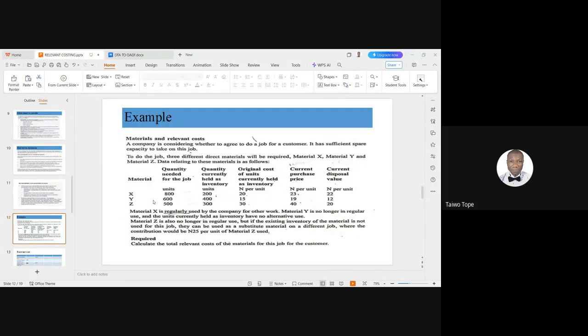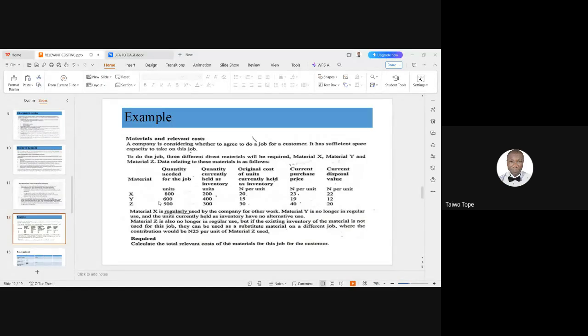The opportunity cost is 12 naira per unit, because by the time we use this 400 as part of our 600 units required, we won't be able to sell this 400 to get 12 times 400.